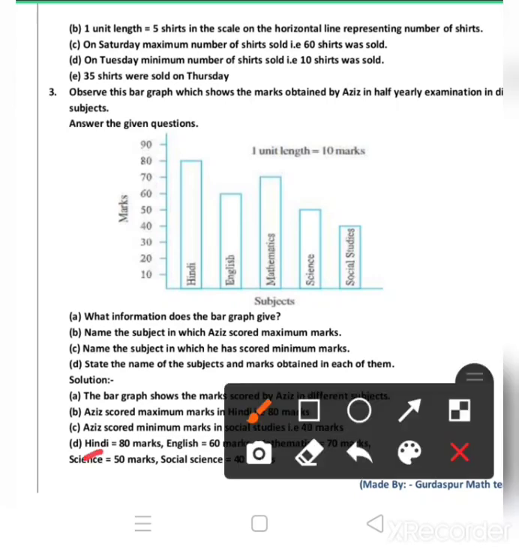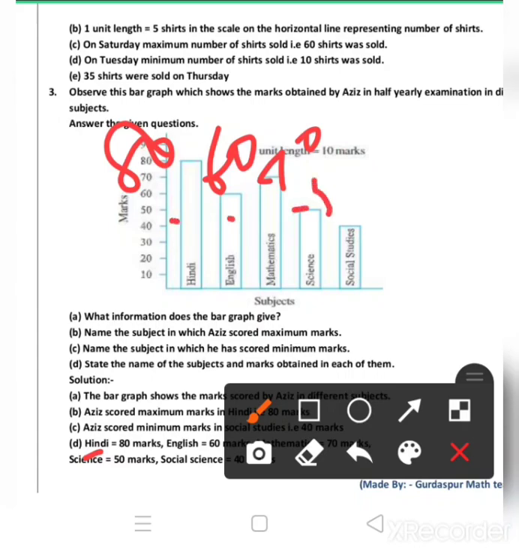So Hindi is equal to 80 marks, English 60 marks, Mathematics 70 marks, Science that is in front of 50, 50 marks, and Social Studies is equal to 40 marks. So this is question number 3.